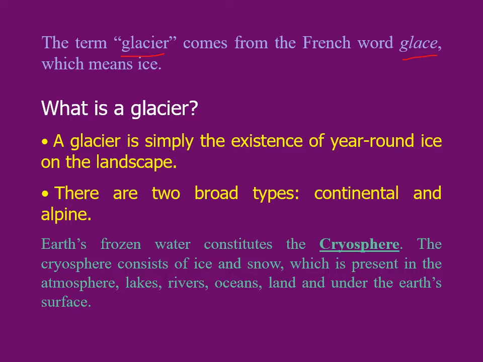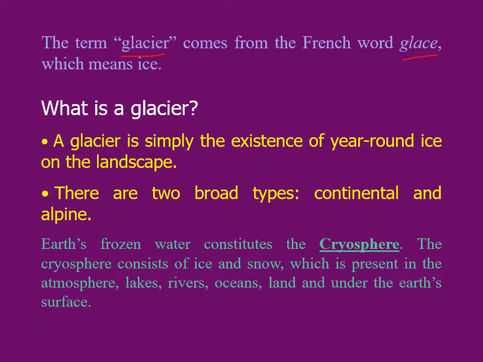Now suppose in an area, during some time of the year, that area suffers snowfall. Can we say that it is a glacial environment, or that the area suffers glacial activity? No, because it is an occasional or rare phenomenon in that place.